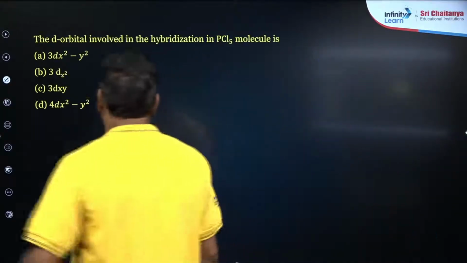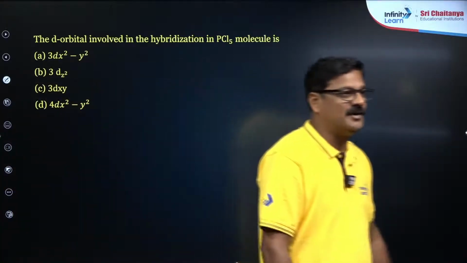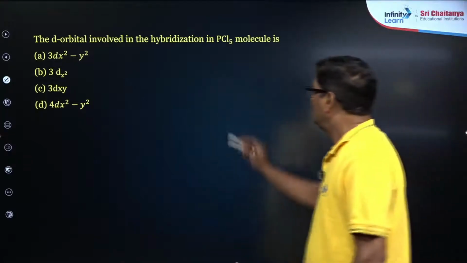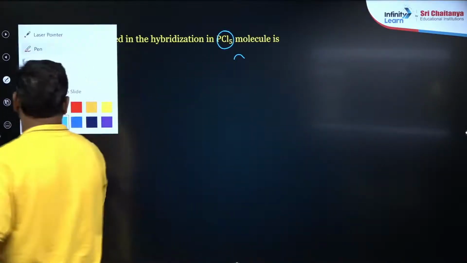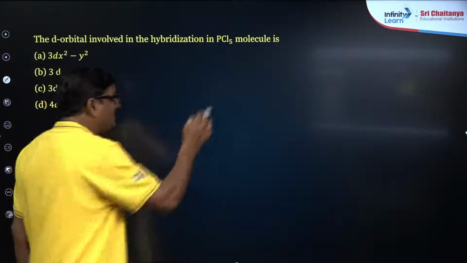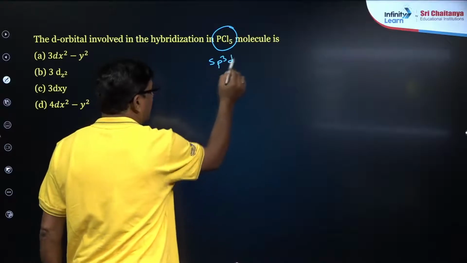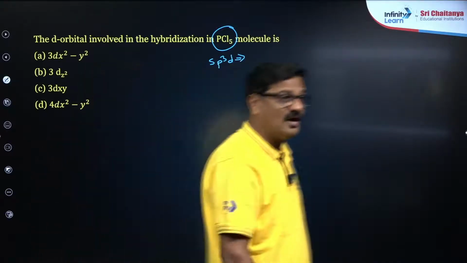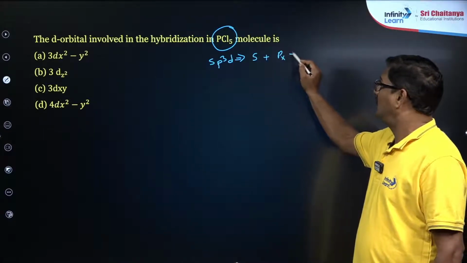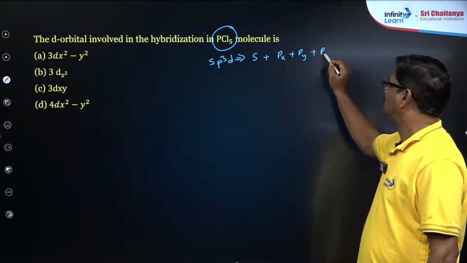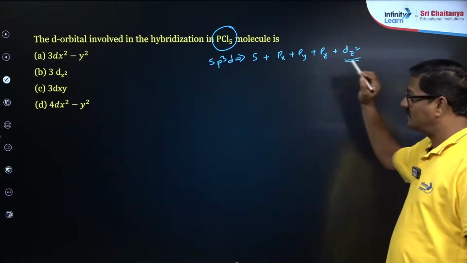Coming to one more question: the d orbital involved in the hybridization of the PCl5 molecule. PCl5 molecule, you will have sp3d hybridization. That sp3d is formed by the combination of one s orbital, px, py and pz orbitals, and the dz square orbital.